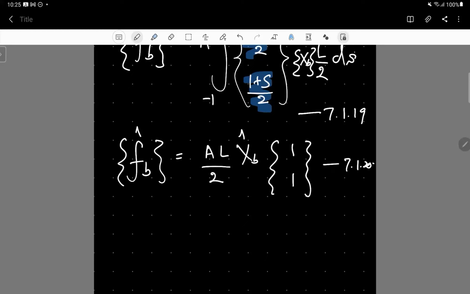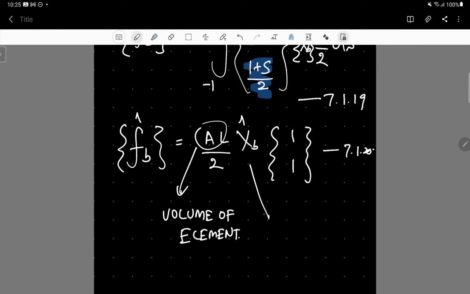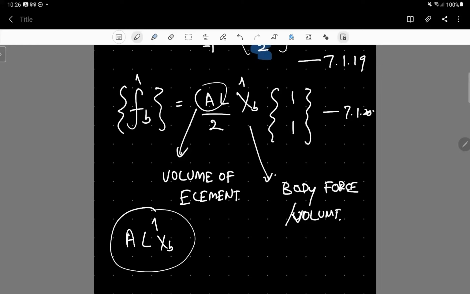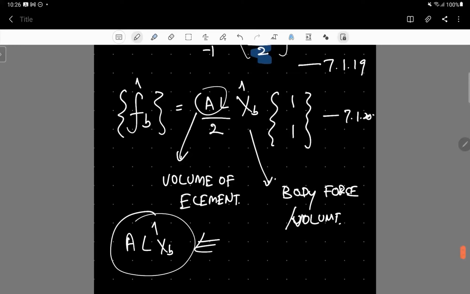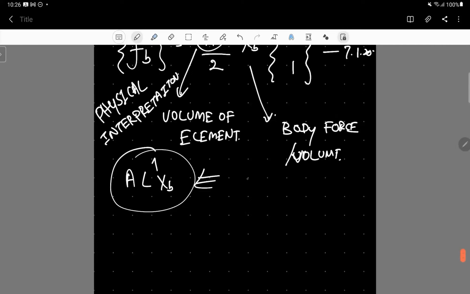So the physical interpretation of the body force matrix is that since AL represents the volume of the element, and XB is the body force per unit volume, then the ALXB term gives the total body force acting on the element. So this is the physical interpretation of this equation. ALXB gives the total body force acting on the element.